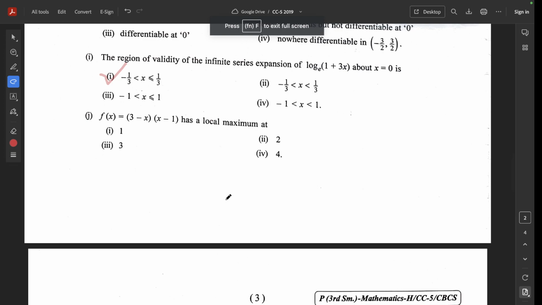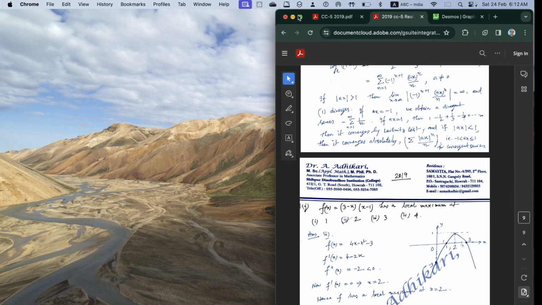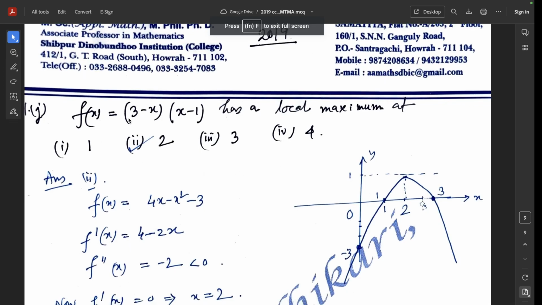Next, last question J. If f(x) equals (3 minus x) into (x minus 1), it has a local maximum at: the correct option is 2. Here 3 minus x, x minus 1.